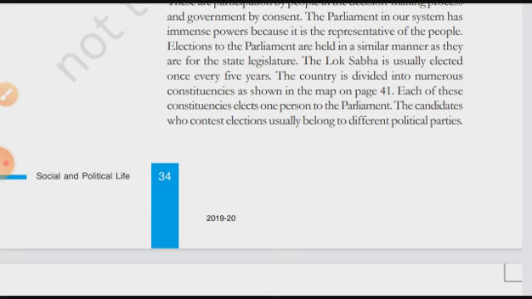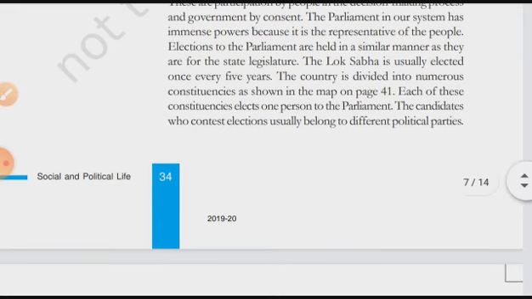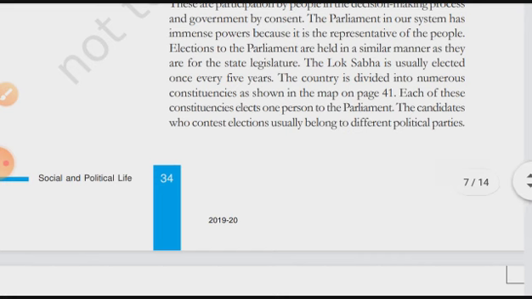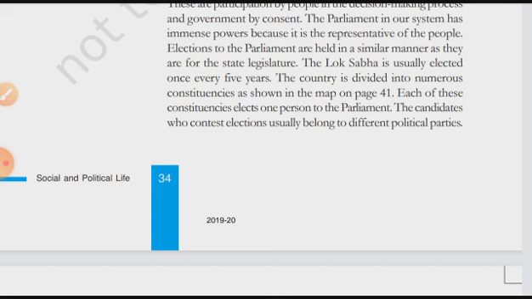The country is divided into numerous constituencies as shown in the map on page number 41. Each of these constituencies elects one person to the parliament. As I have already told you, the whole country has been divided into 543 constituencies, meaning 543 members of parliament, known as MPs, will be elected from different parts of the country.